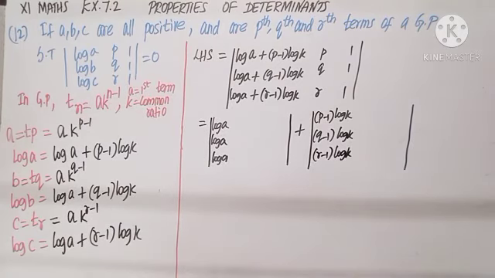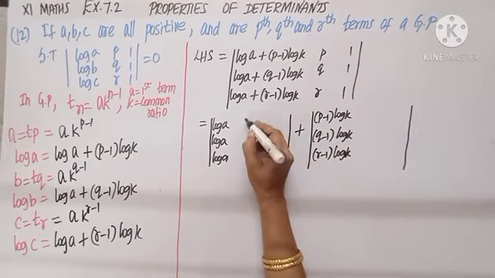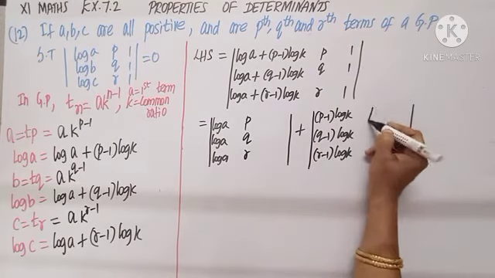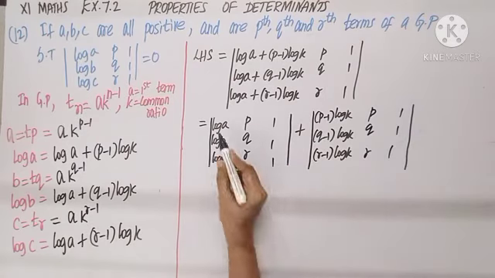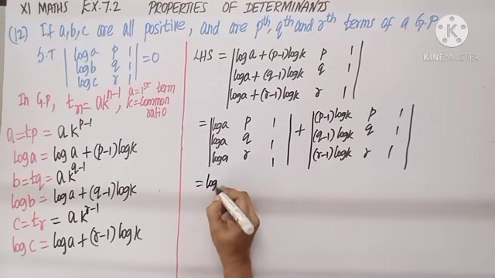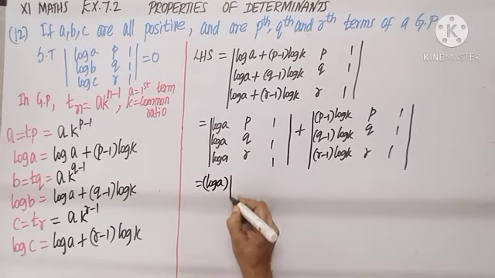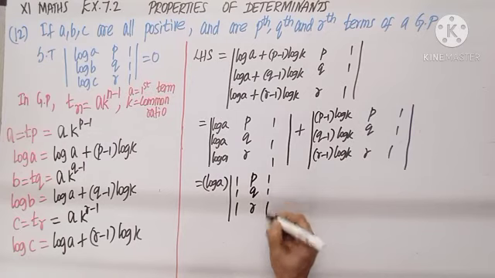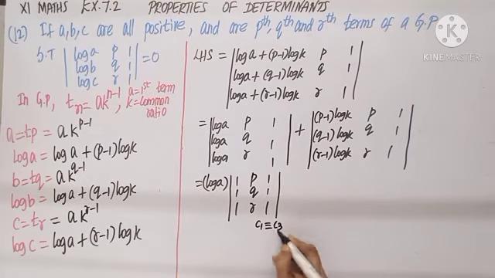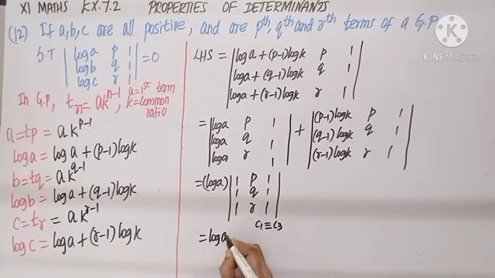Now, the second and third column I copy as it is. In this, log A common in first column, as I remove, it is 1, 1, 1, p q r, 1, 1, 1. As I check, column 1 identical to column 3, so log A into 0.